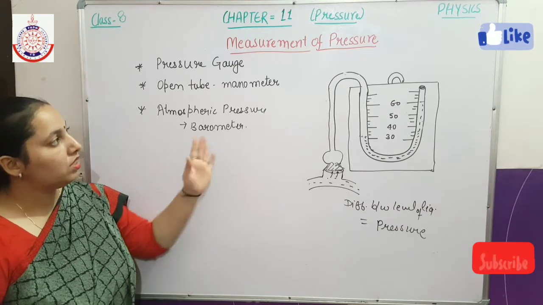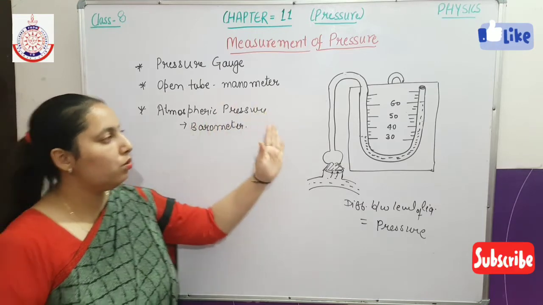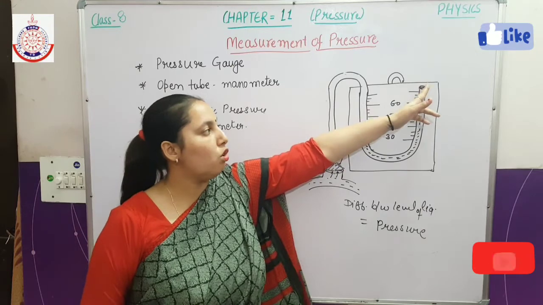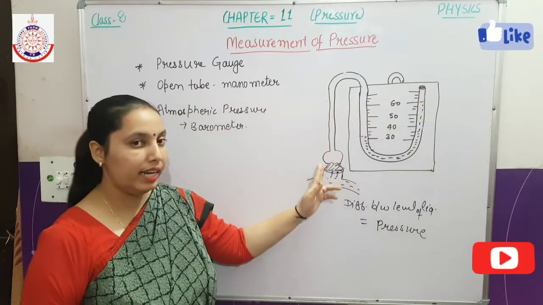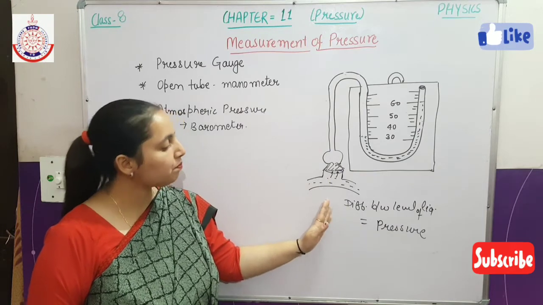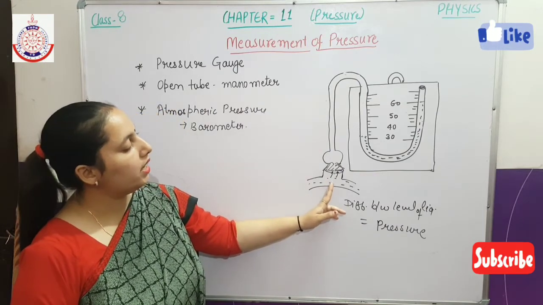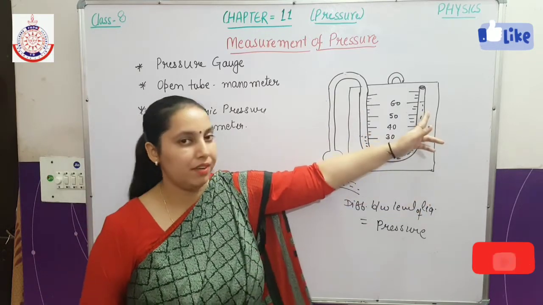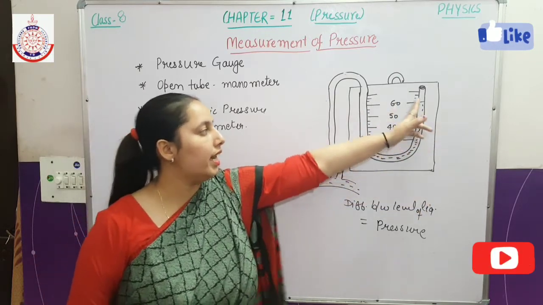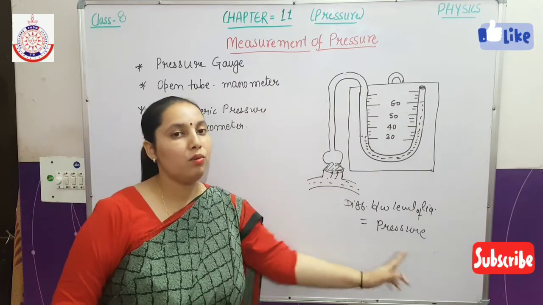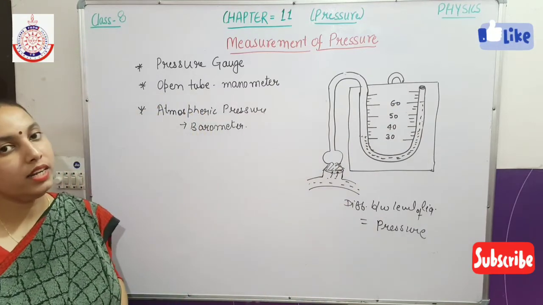Simply, we can use the open tube manometer, where one end is open and the second end is connected to the gas vessel. When the air goes in this U tube, the level of the liquid varies, and the difference in the levels of the liquid will tell us the amount of pressure of that particular gas.